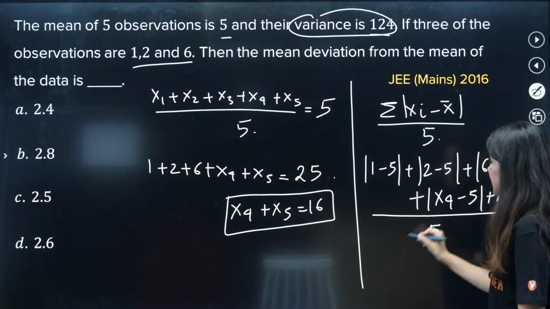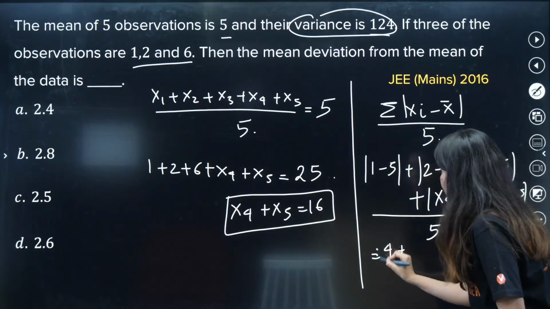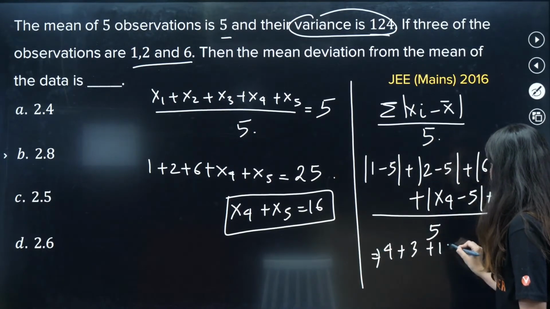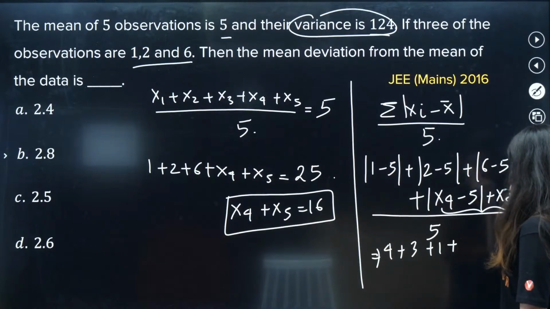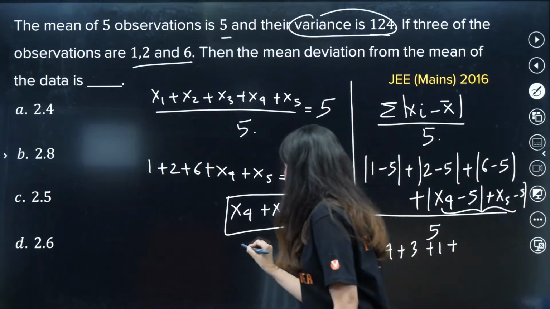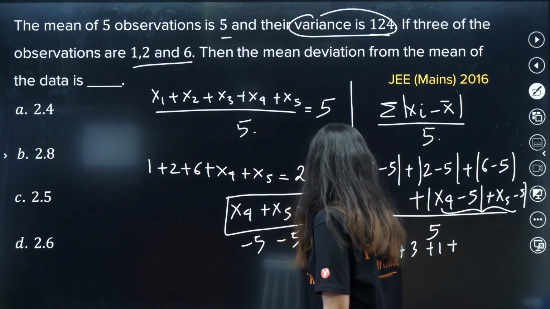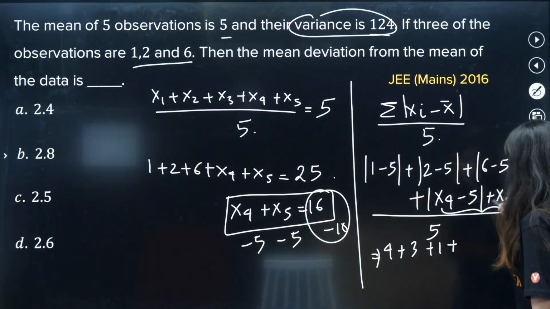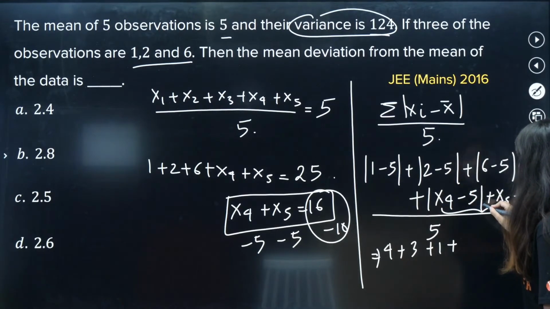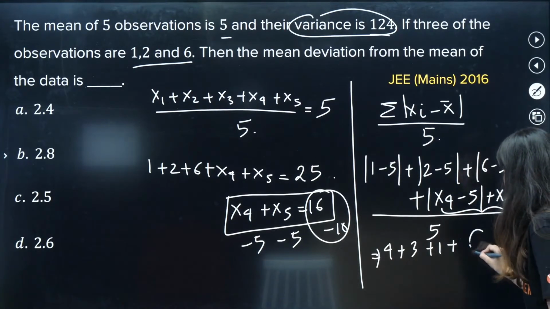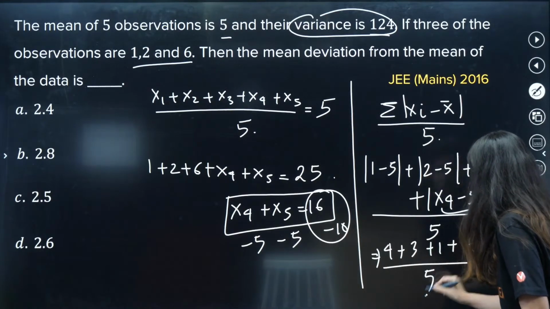So this is 4 plus 3 plus 1 plus x4 minus 5 plus x5 minus 5. So minus 5 reduce from here and also here, and the whole thing will become 6. So this would be a big fat 6 upon 5 will be your answer.